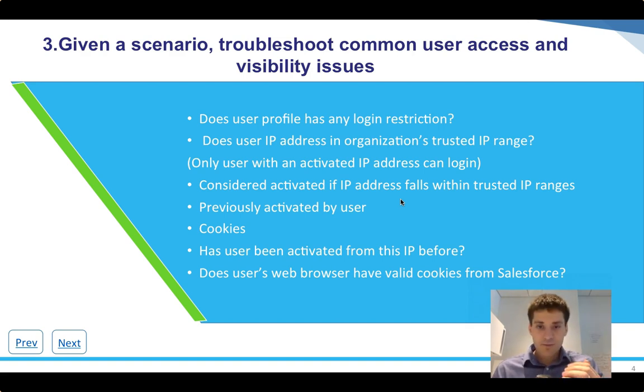So if you've gone through these pieces and you're still having access or visibility issues, it's important to ask the question whether this IP address has been activated before. Sometimes people use the same IP address, but the IP address has been deactivated, and so it might need to be reactivated. And does the user's web browser have valid cookies from Salesforce? As I mentioned earlier, cookies help Salesforce provide a better service to us.